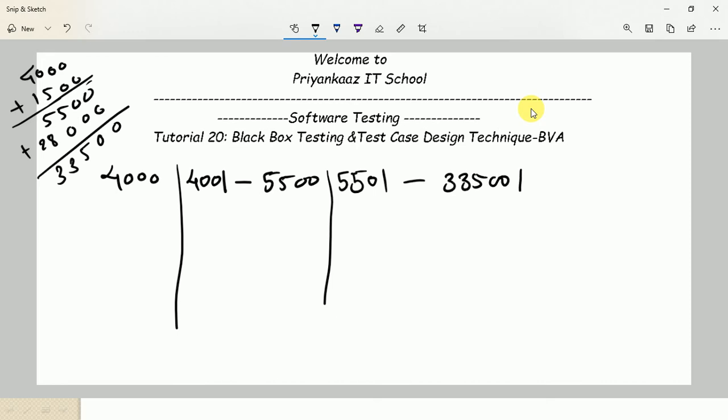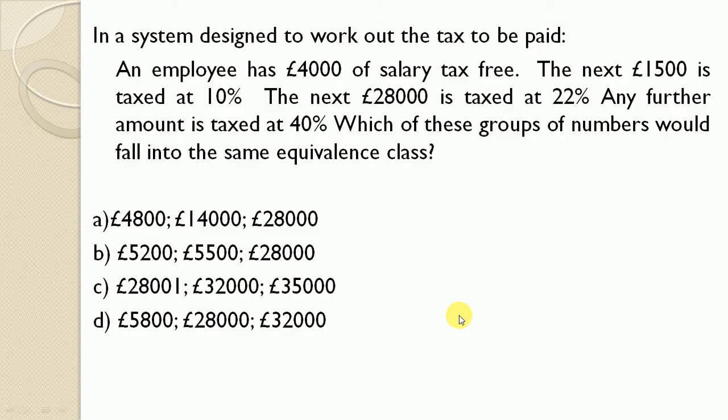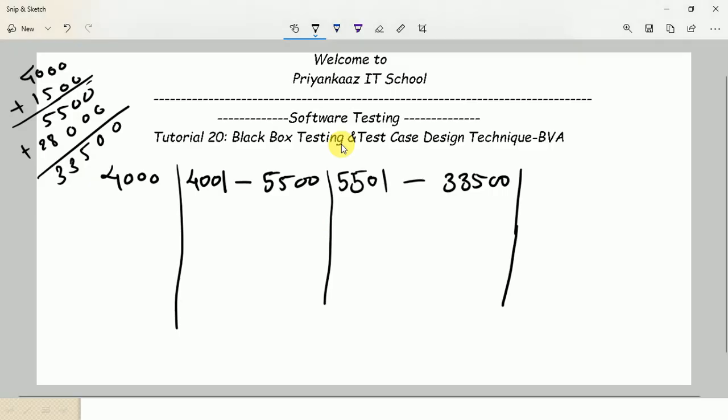That is the third partition you will be getting. What is the next one? Any further amount is taxed at 40%. That means above this range. So the range will start with 33,501 and above, any value. This is again taxed at 40%.